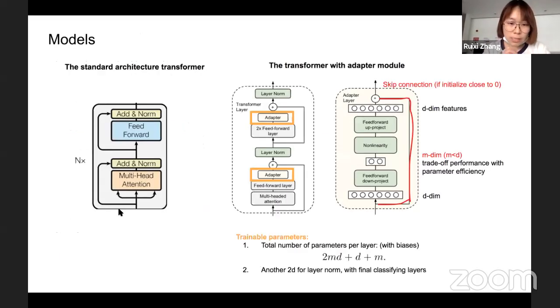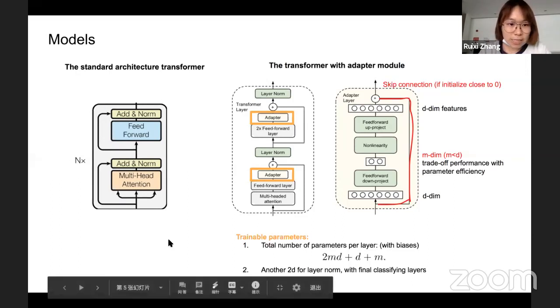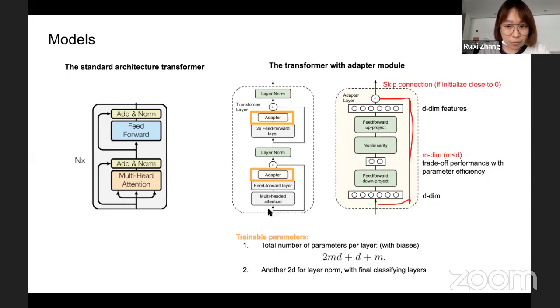Next, here we have a close look at the structure of the transformer with adapter modules. The left-hand side is the standard transformer architecture, and this one is a transformer with adapter modules. As we can see, for each transformer layer, we add two adapter modules or layers inside.